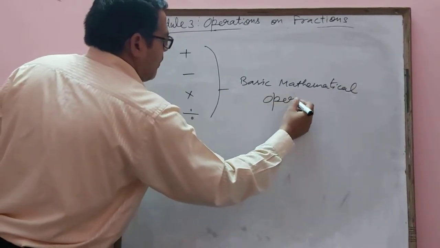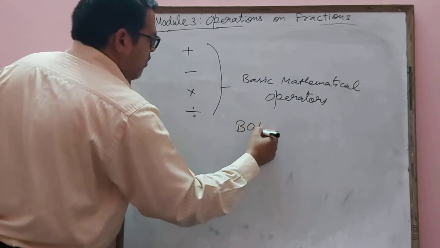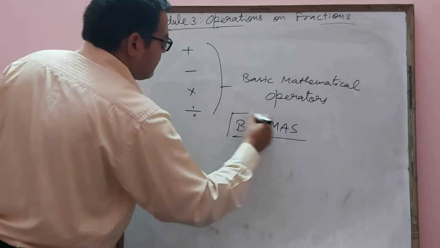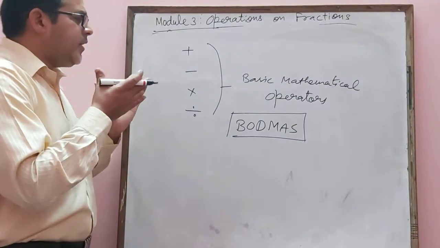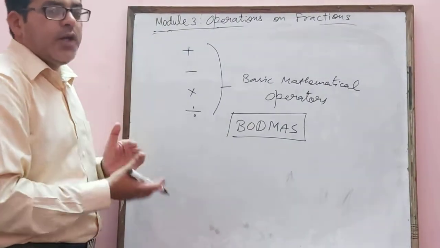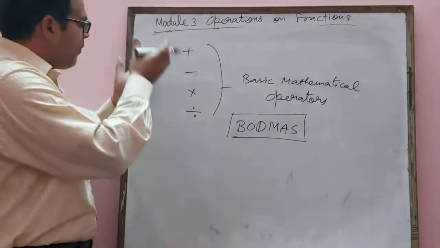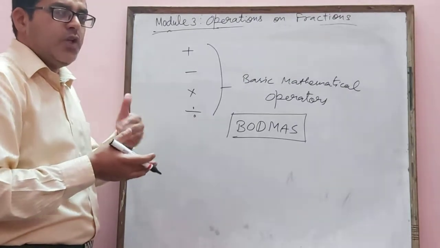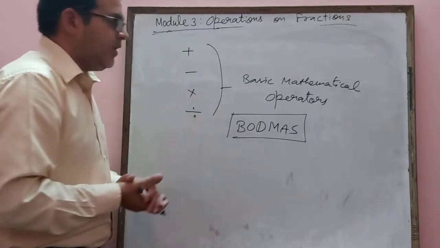And BODMAS helps us know how we can use these operators, in which order we can use them. If 4 operators are there in any expression, which operator will you solve first? This BODMAS tells us.